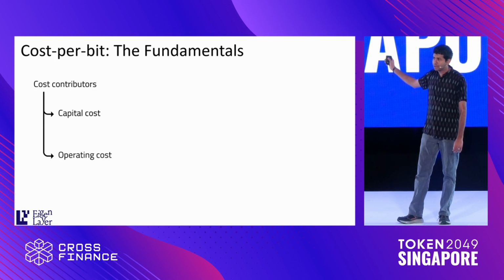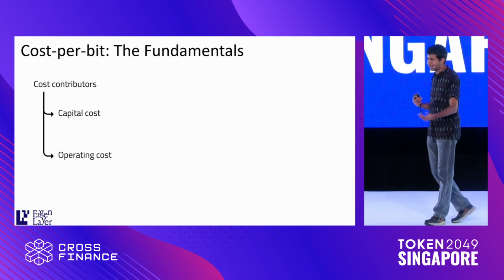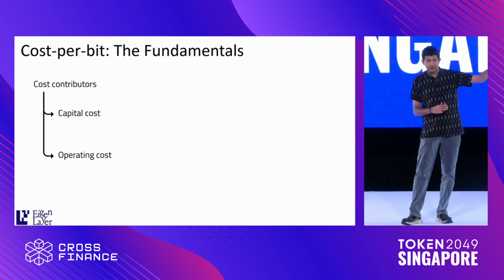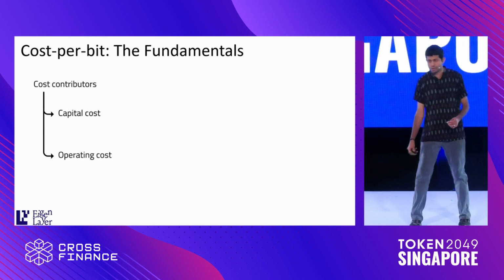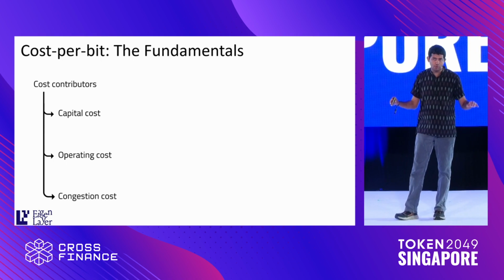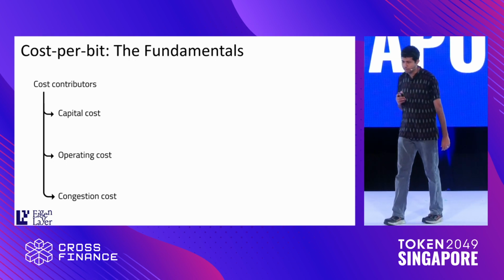And then finally, there is a congestion cost. If you look at all blockchains today, like Ethereum with EIP-1559, it's pricing for congestion. The more the block gets filled, the higher the price. So these are three contributors to the cost. How do we shave them down to the fundamental limits so we can start building super high performance applications on Ethereum?